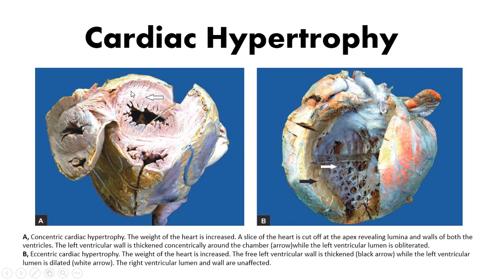So here, concentric hypertrophy is usually related with chronic high blood pressure, or prolonged high blood pressure. However, eccentric hypertrophy, a wider or normal size of the lumen but with thickening of the ventricular walls, is usually related with damage in the ventricular valves.